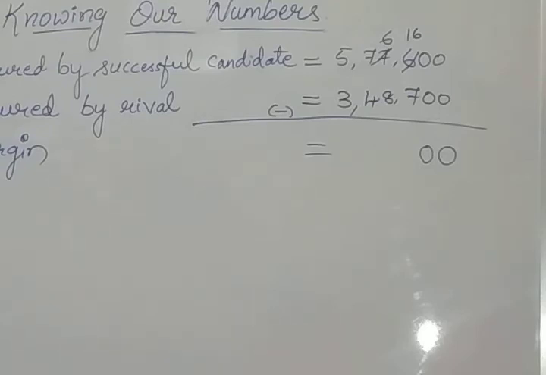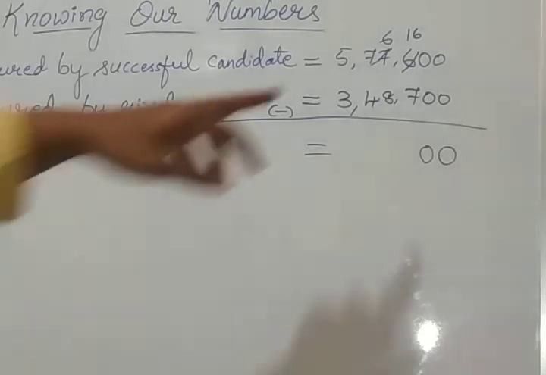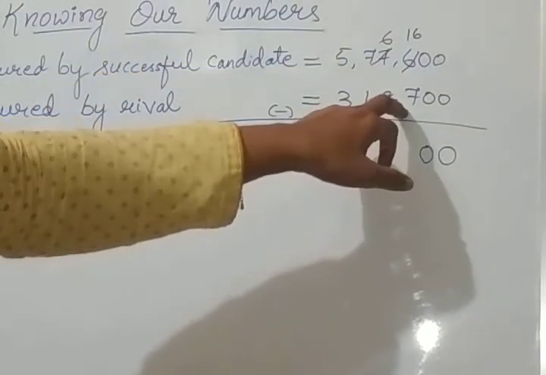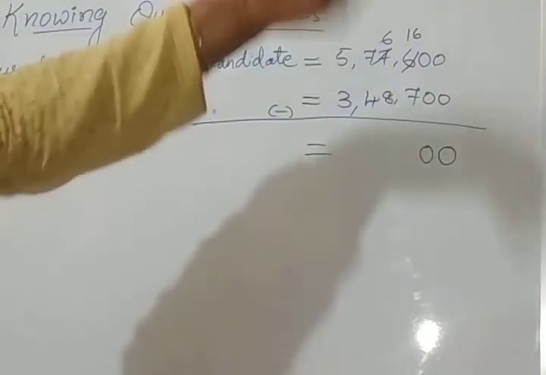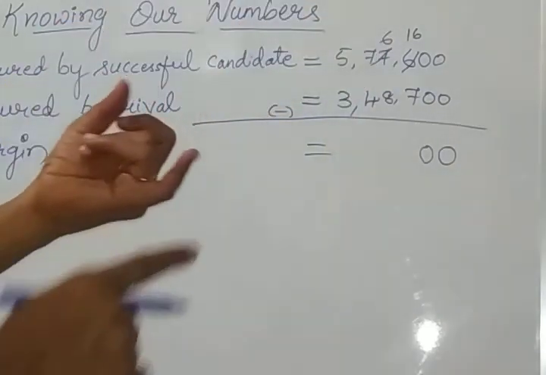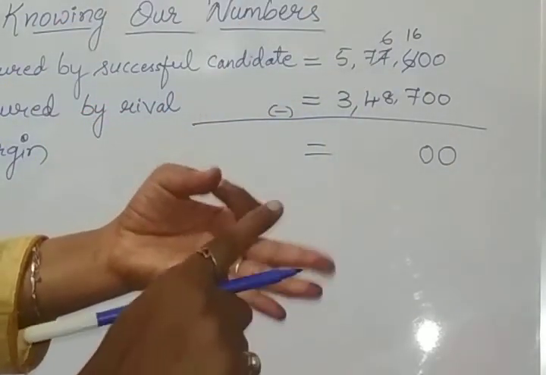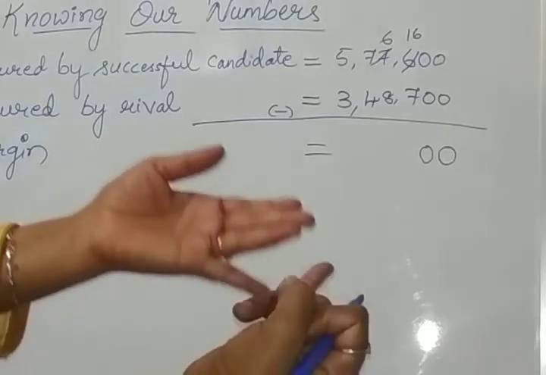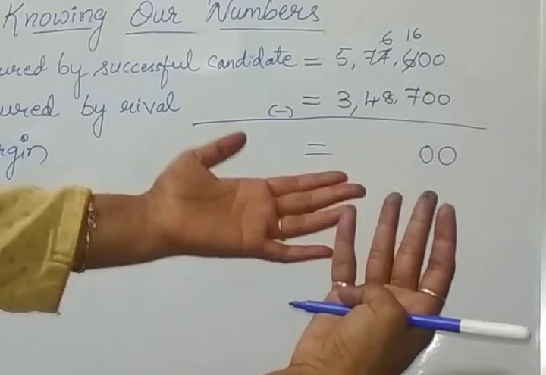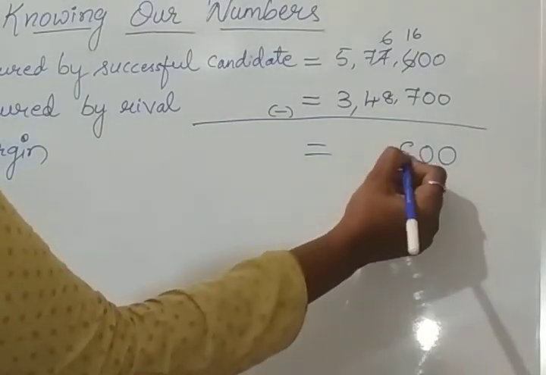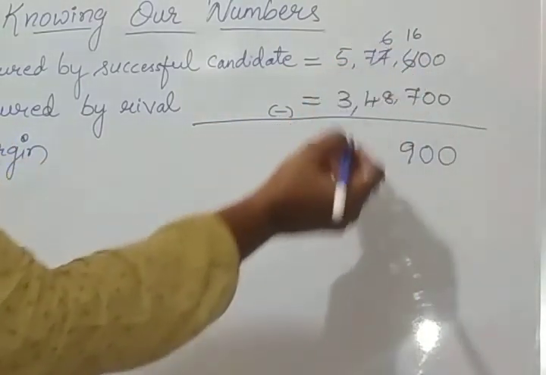See children, an easy way of subtracting here: we don't have 16 fingers, only 10 fingers. So 16 minus 7, how to subtract? Just after 7, count till 16: 8, 9, 10, 11, 12, 13, 14, 15, 16. How much? Total is 9.